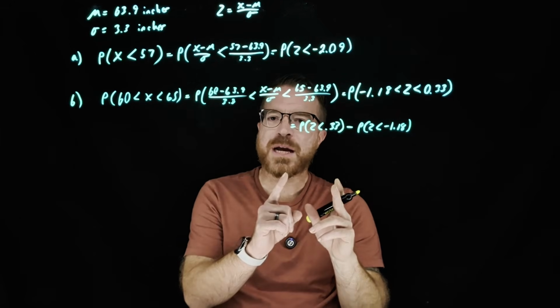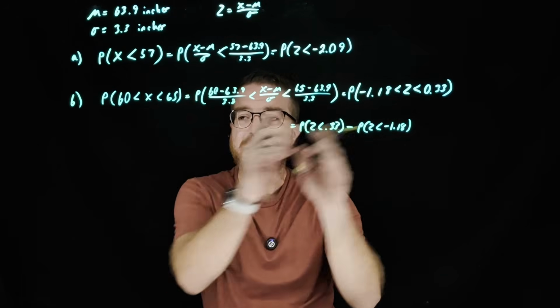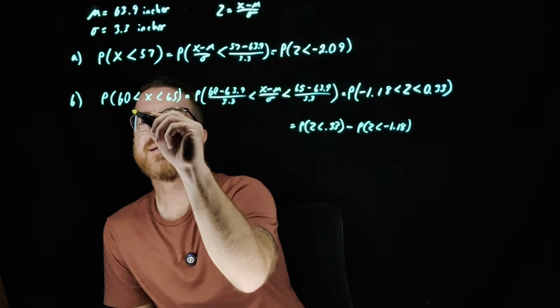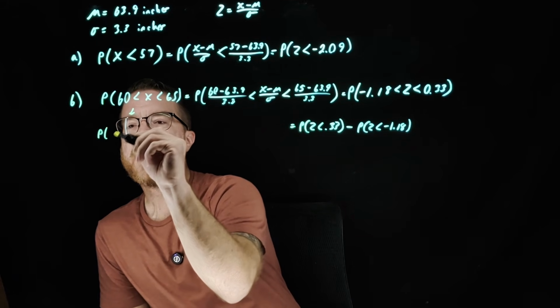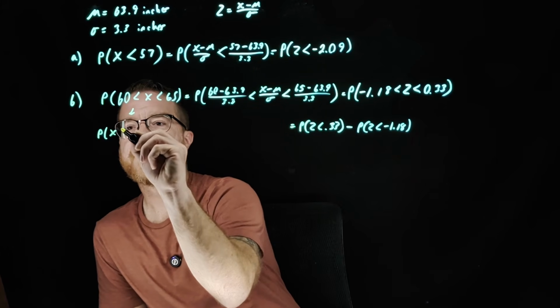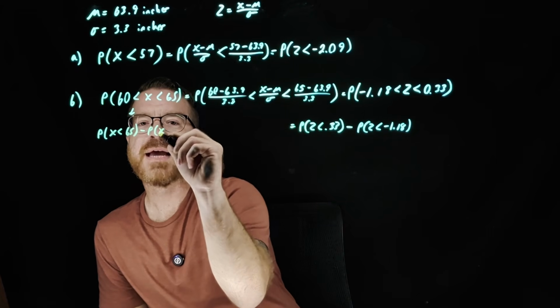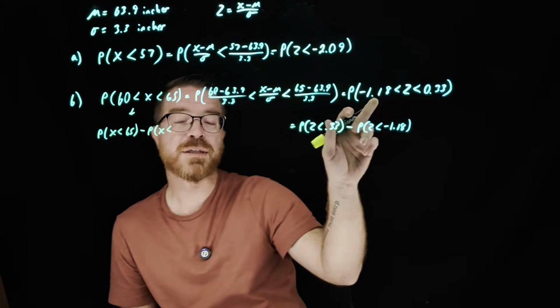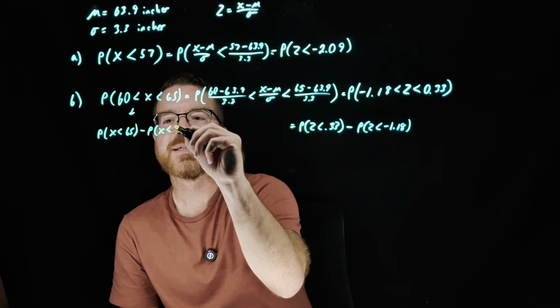Now, one thing I want to point out before we move on to part C is you could actually do this split right here, and you would get the same thing, because this would become the probability of the bigger number, so X is less than 65, minus the probability X is less than, because remember your inequality does change when you do your difference, 60.